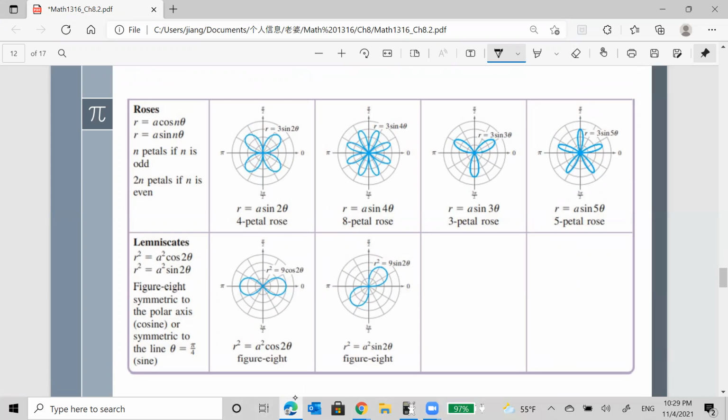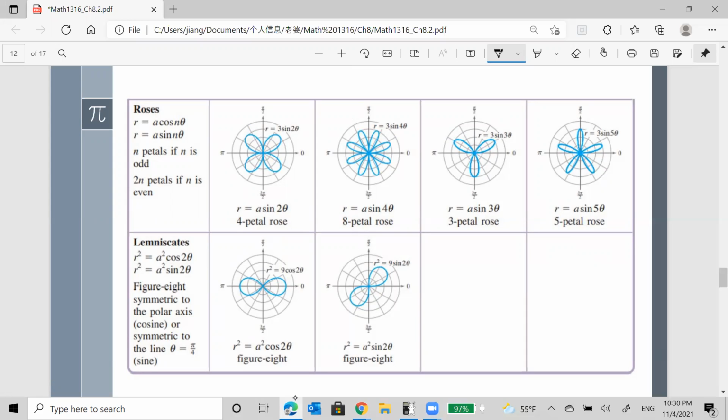If n is an even number, like 2, 4, 6, 8, 10, the number of petals of the rose is 2 times n. So for example, n equals 2, there are 4 petals here. If n is 4, we have 8 petals.